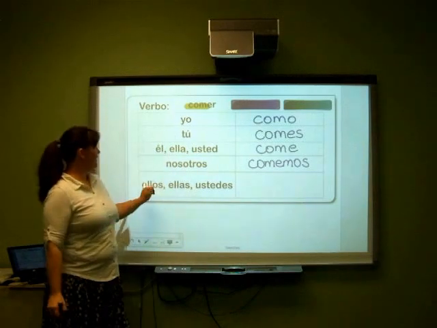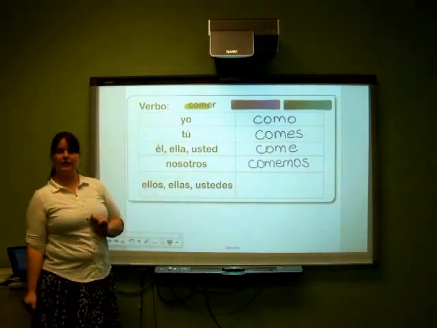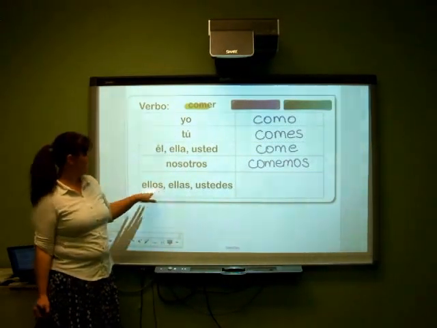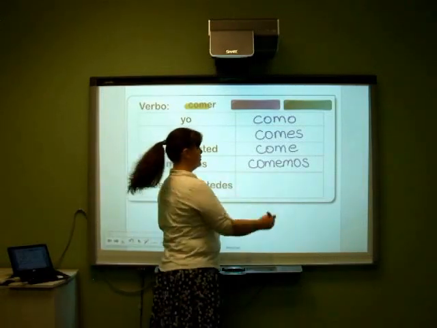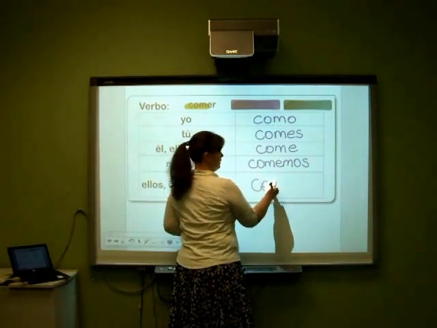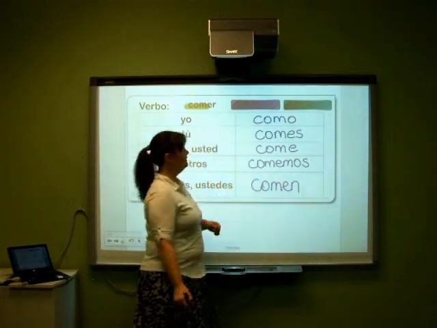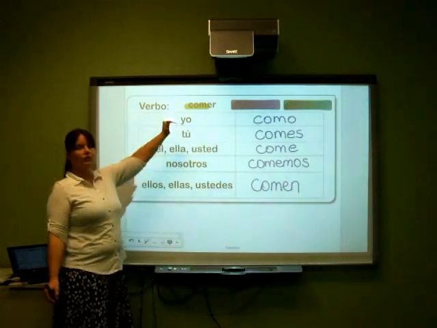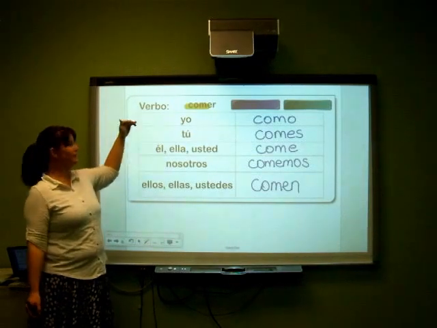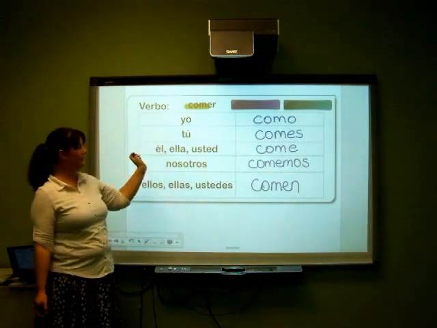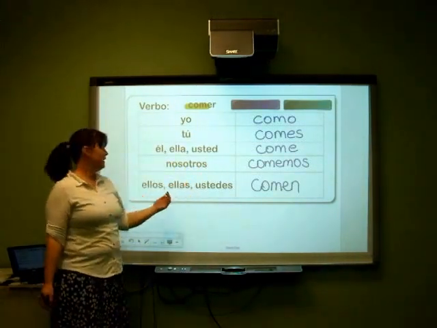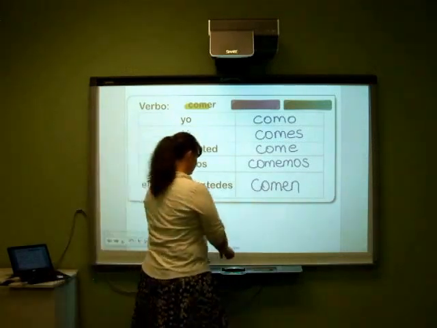And what about ellos, ellas, or ustedes? It would be comen. Very good. Yo como, tú comes, usted come, nosotros comemos, ellos comen.